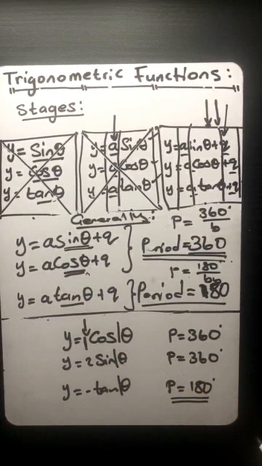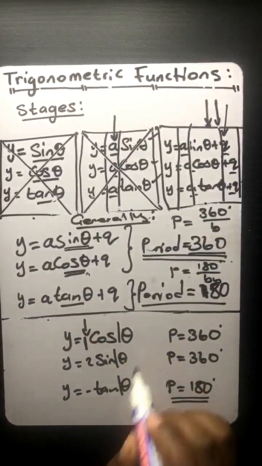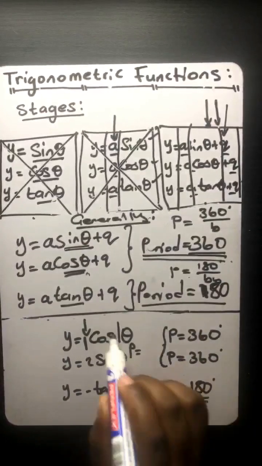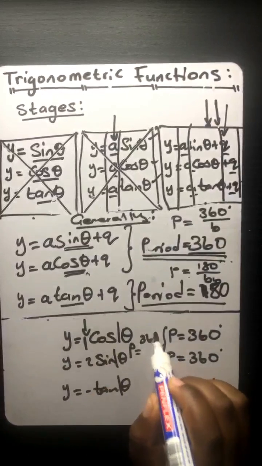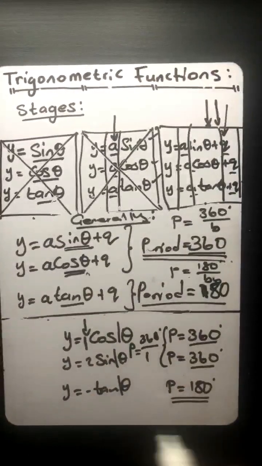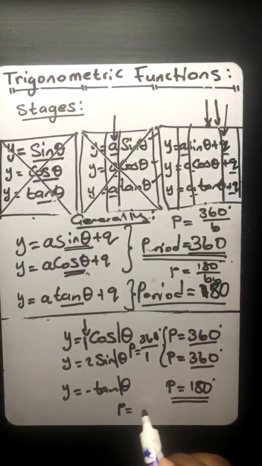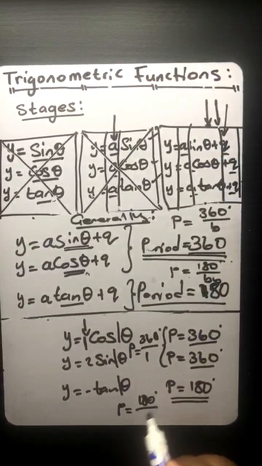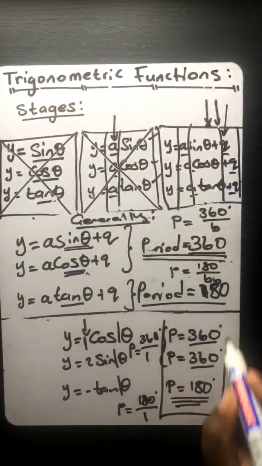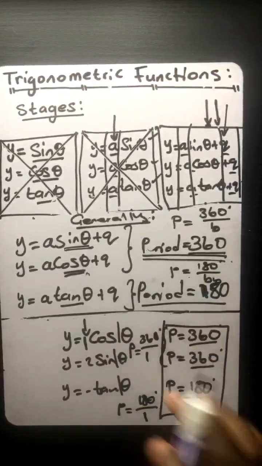So that means when you calculate the period, you're going to say P is equal to, for this one, 360 degrees divided by 1, which is just that 360. For this one, you're going to say 180 degrees divided by 1. That's why it is that. Can you see? They are correct in telling you that the period for those is that.